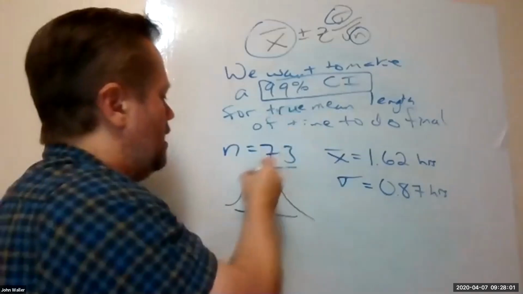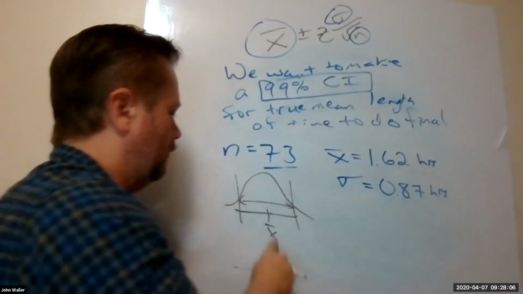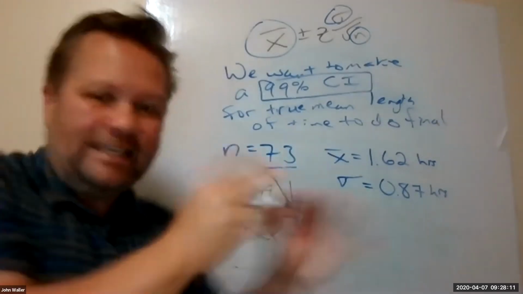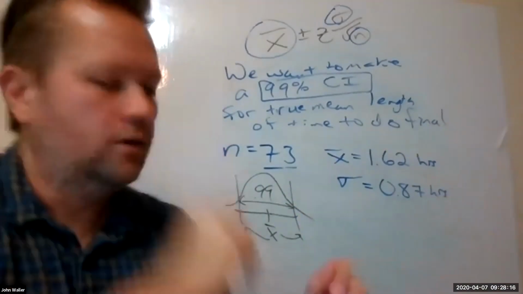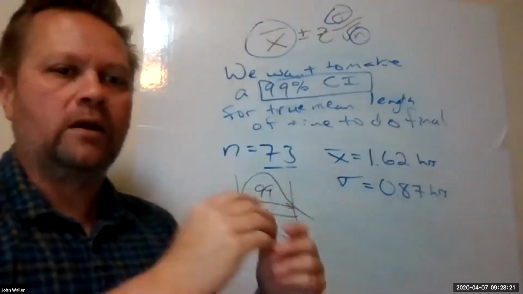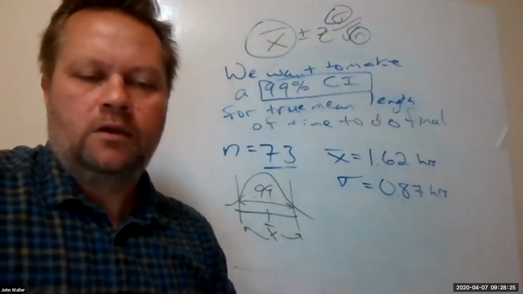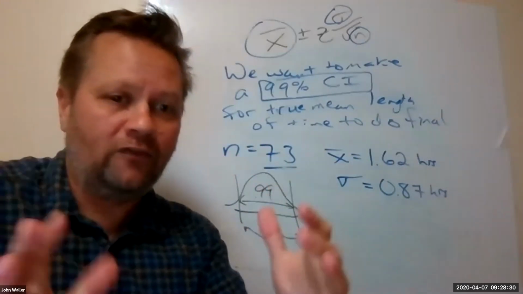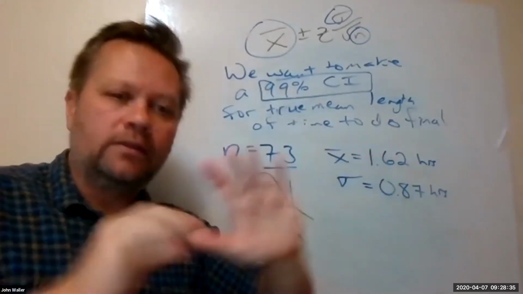If I draw in a 99% confidence interval, what I want to do is go from my guess up and down far enough to catch 99% of the stuff. The real mean is somewhere, just like that specific fish I want is somewhere. So if I catch 99% of the data points or 99% of the fish, I will be 99% confident that I caught that fish.